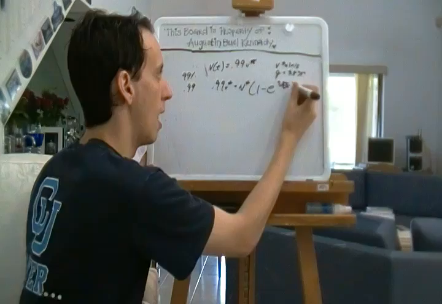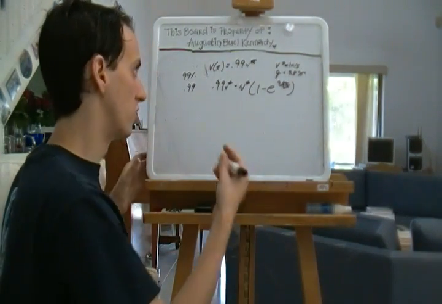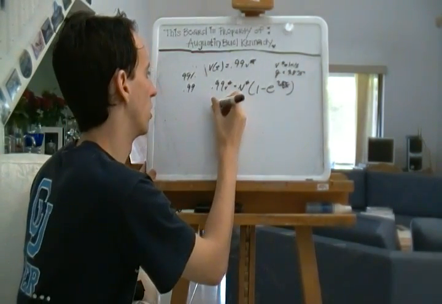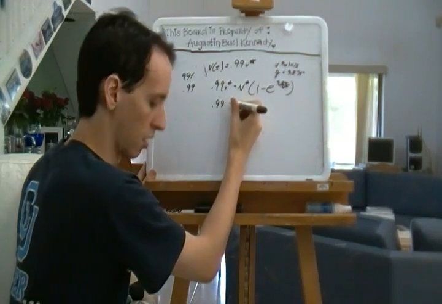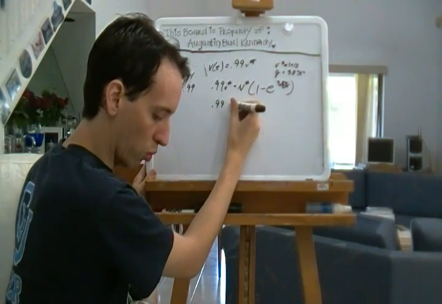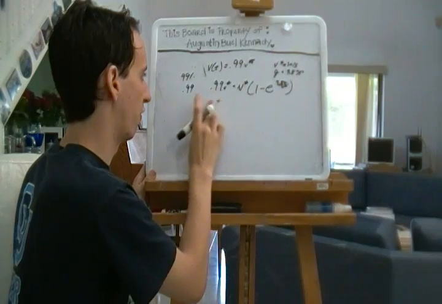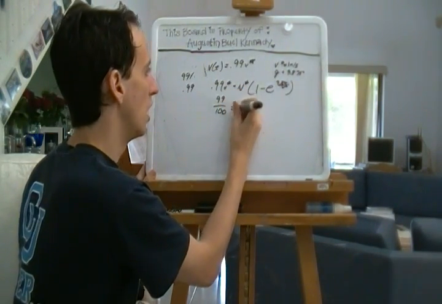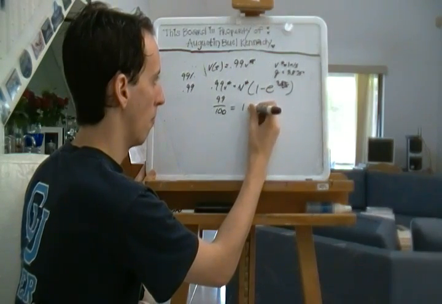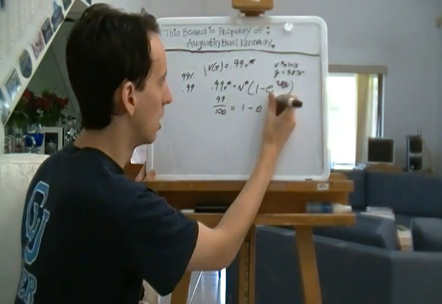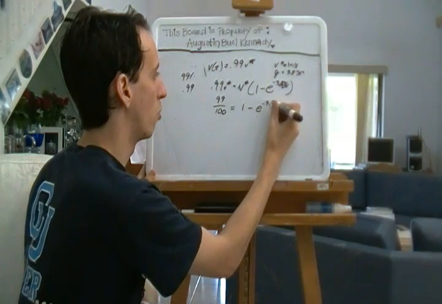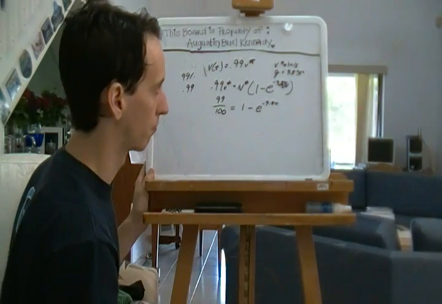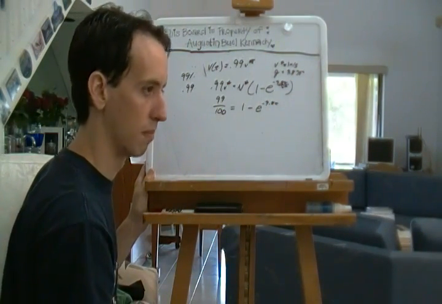And now we know that V star is 1, so we can just take out V star and have 0.99, or let's write it as a fraction this time, 99 100ths equals 1 minus e to the negative 9.8 t.